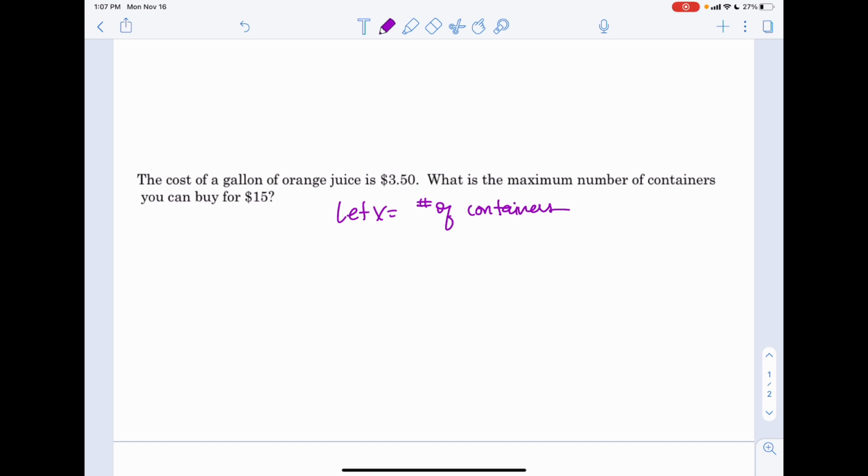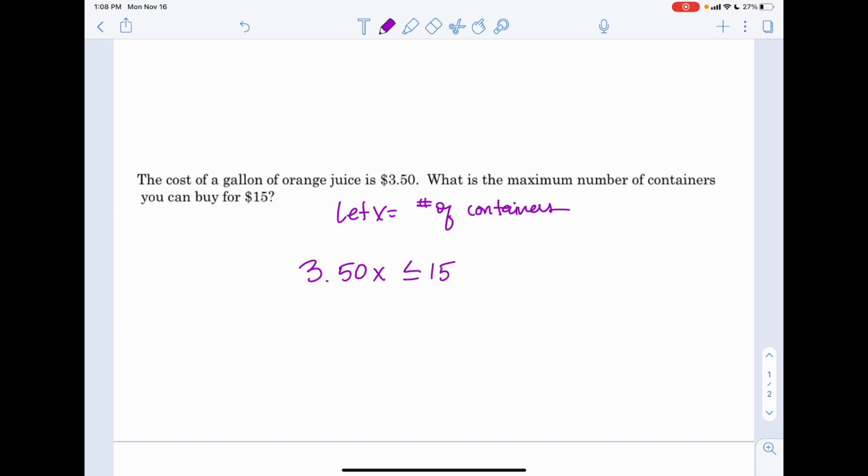And now the thing about inequalities is that the solution to our inequality may not be our answer. It may be multiple answers. So we know that each gallon is $3.50 and each number of containers is x, and so it's less than or equal to $15. You could spend $15, you could spend less than that, but if you only have 15, you could never spend more.